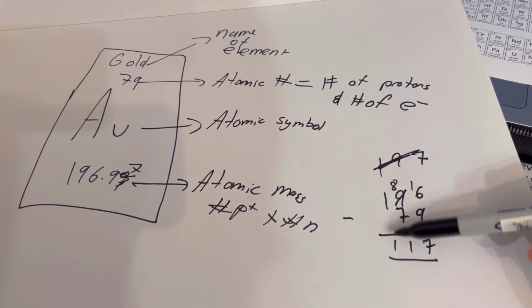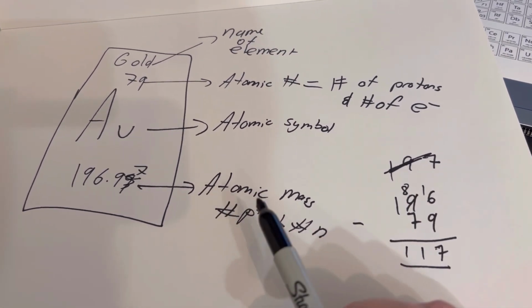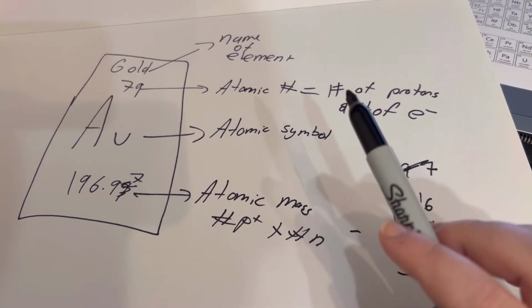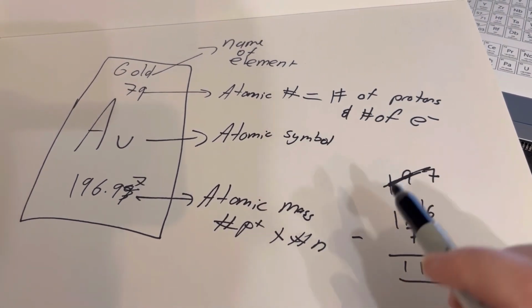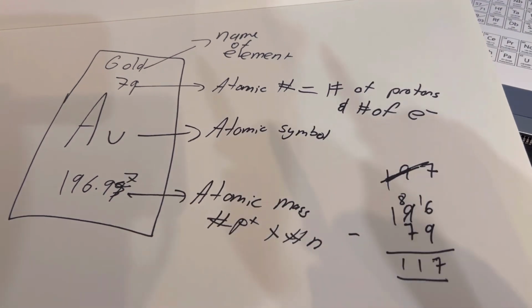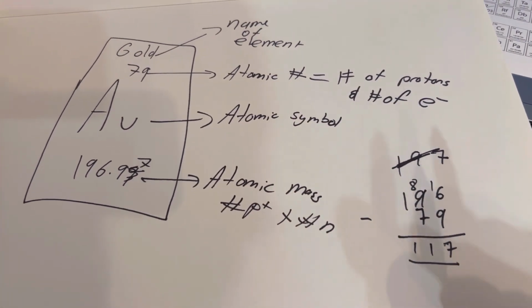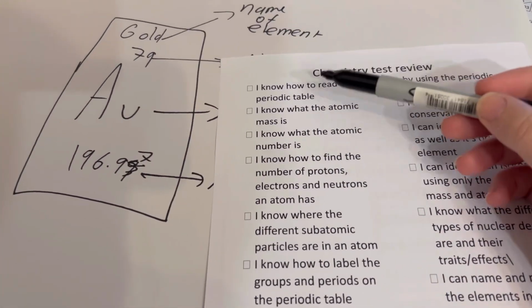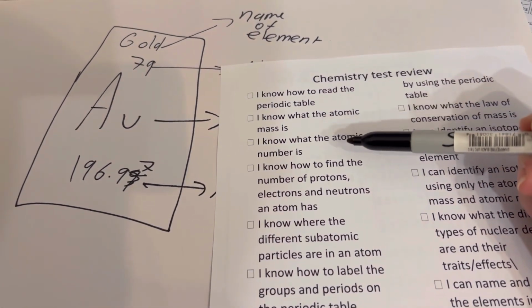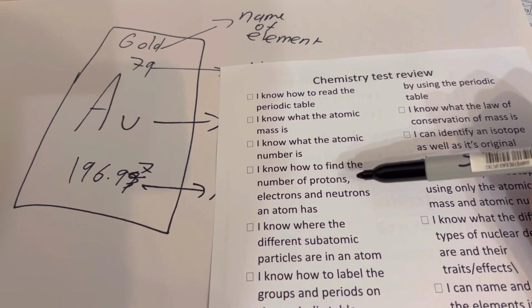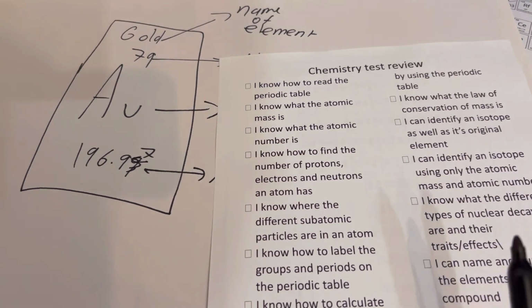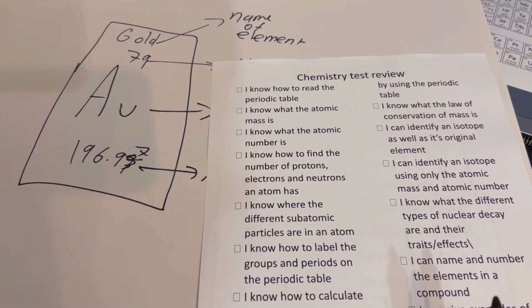So you need to know how to work that out. You know the atomic mass is equal to the number of protons plus the number of neutrons, and there is the same number of electrons as there are protons because atoms like to be balanced, all right? So we have covered that, and that. Now we're going to move on to where the different subatomic particles are in an atom.